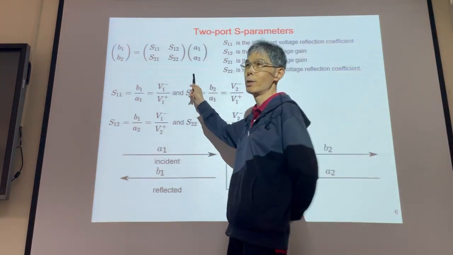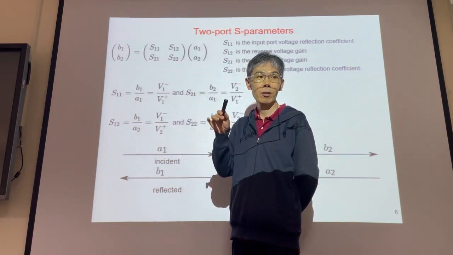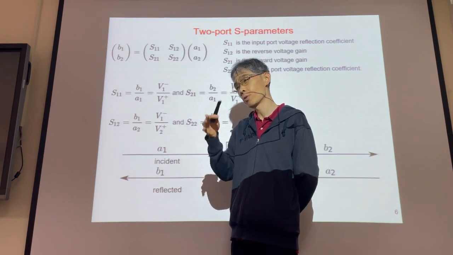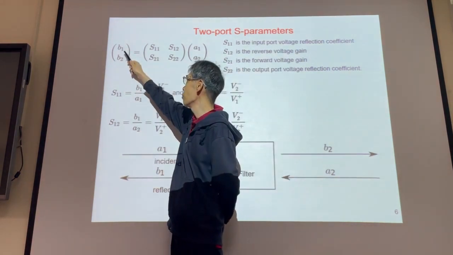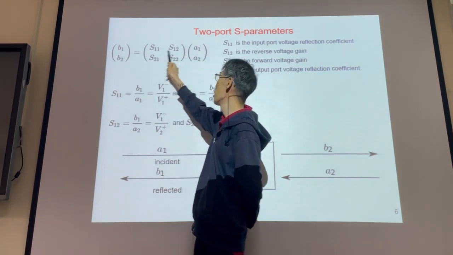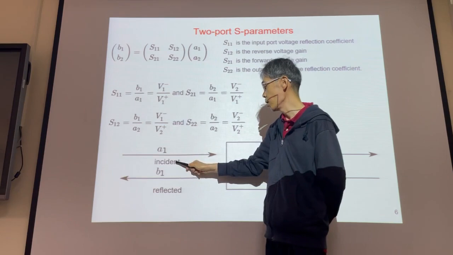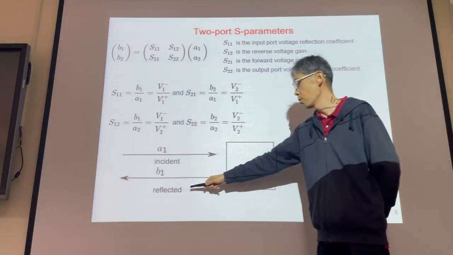We need the mathematical equation to calculate the percentage of transmission and the percentage of reflection. Say B1, B2 on the left-hand side, A1, A2 on the right-hand side, because A1, A2 are incident and B1, B2 are reflected.